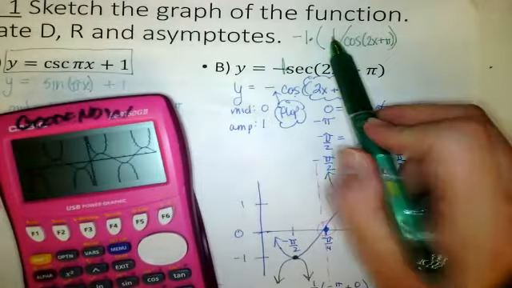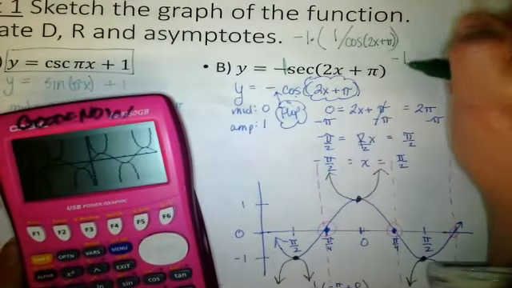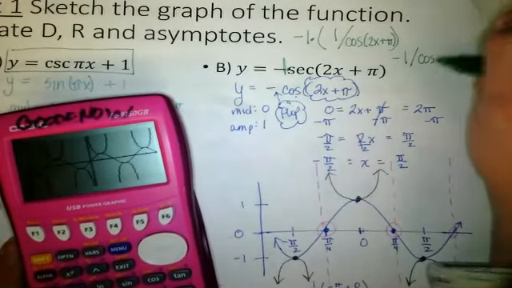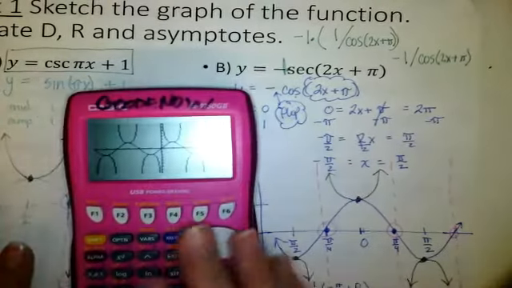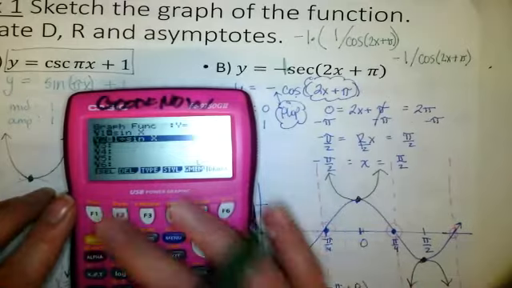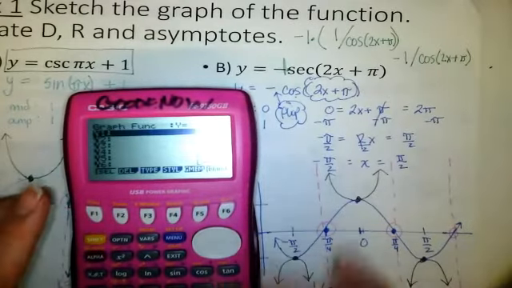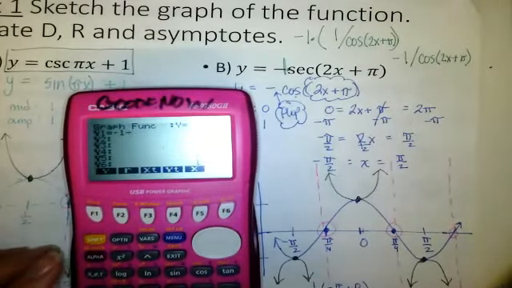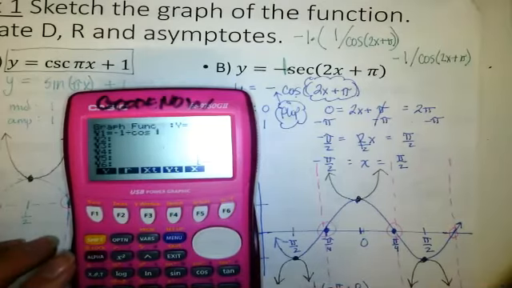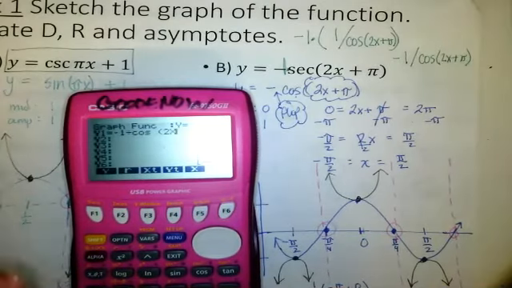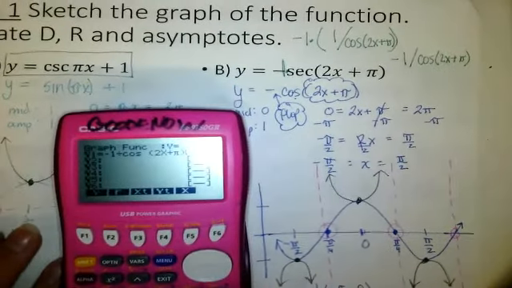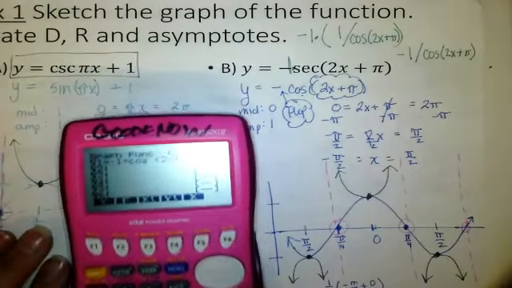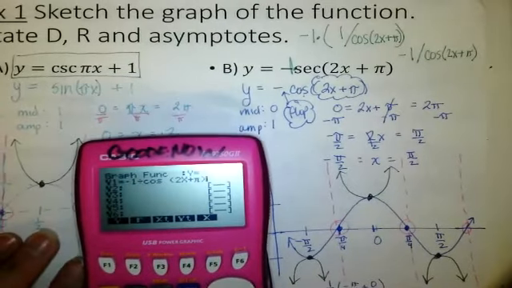So I'm going to write in my calculator -1 divided by the cosine of 2x plus pi.